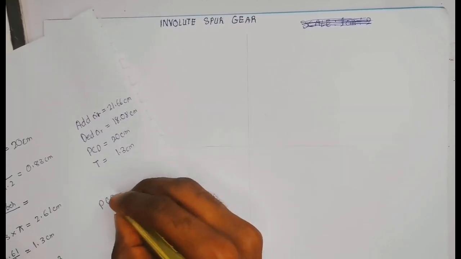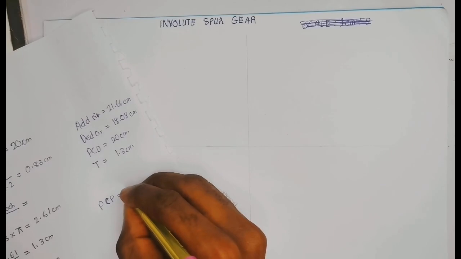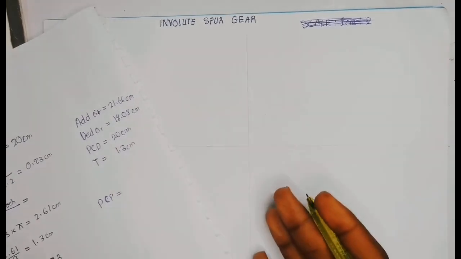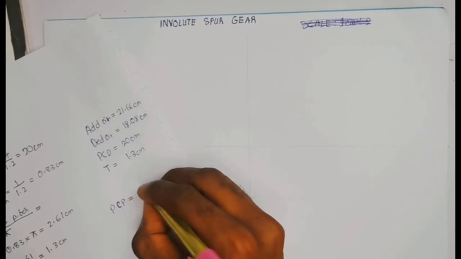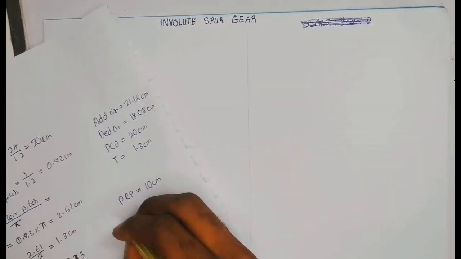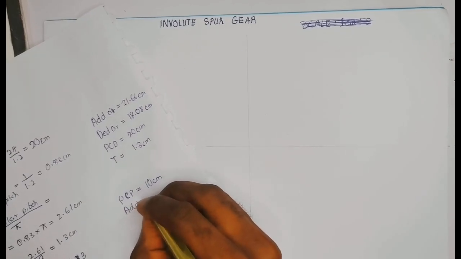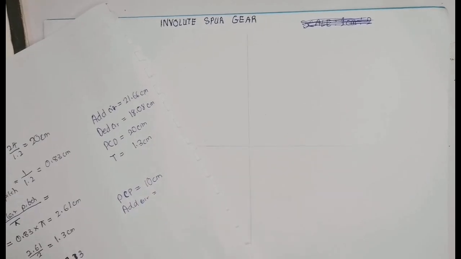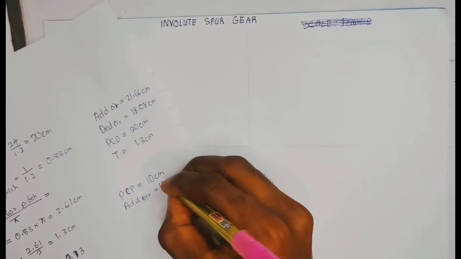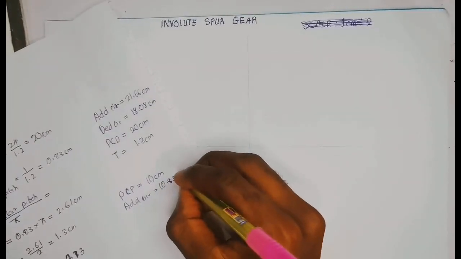So our new PCD will be 20 times 0.5, which is 10 centimeter. Our new addendum circle will be 21.66 times 0.5, 10.83 centimeter.